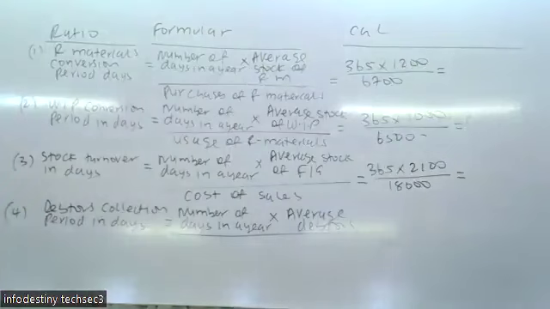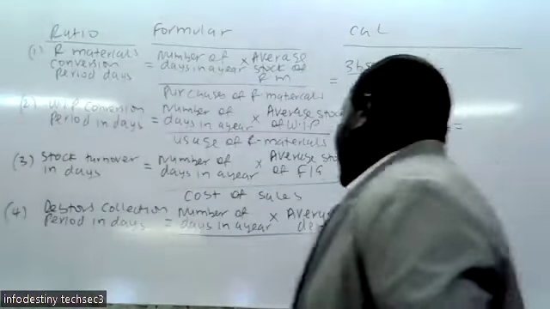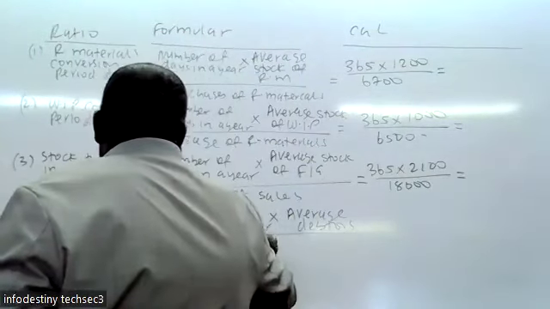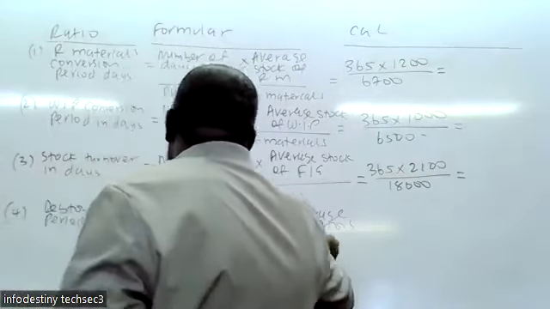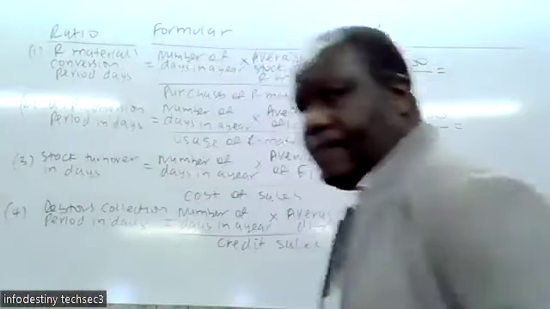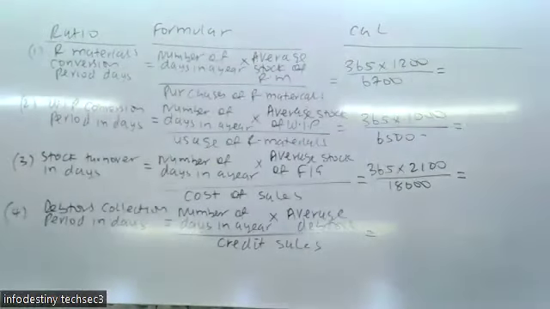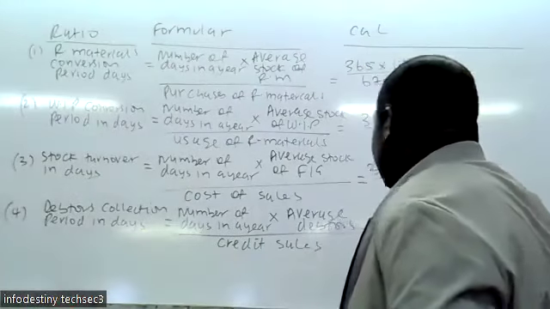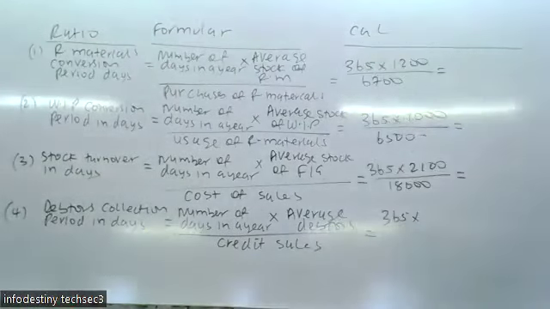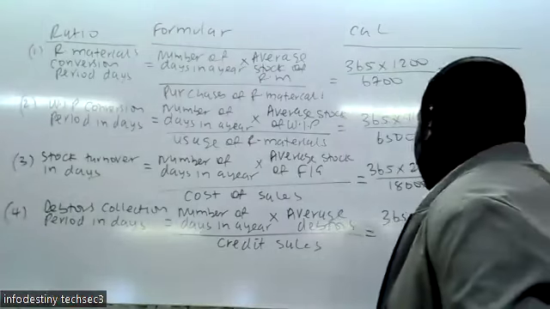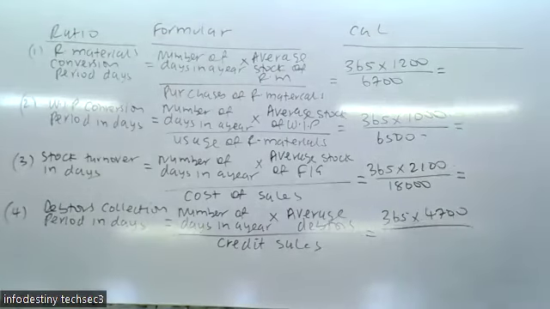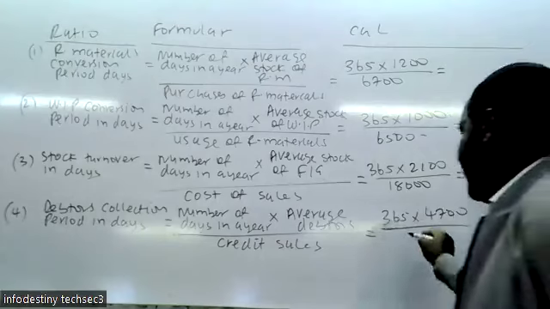So we divide by the credit sales. So you also take 365 days. So what do we have as the average debtors? Then what do we have as the sales?